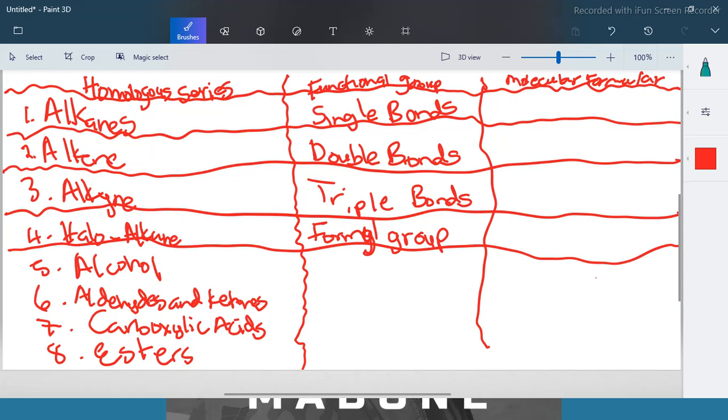Where the name comes from, I don't know. I was taught it as well. So haloalkanes have a formyl group. This is basically a combination of a halogen and an alkane. It's a halogen that is reacting, but in the form of single bonds. Do you understand what I'm saying? All right, guys. And then we have alcohol.